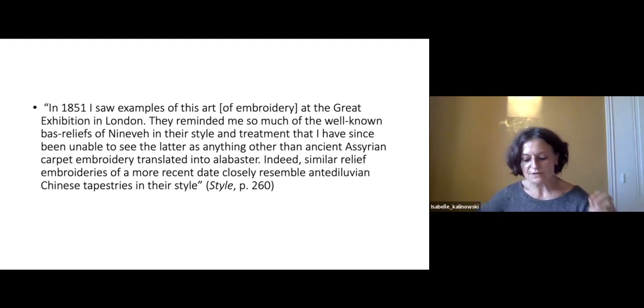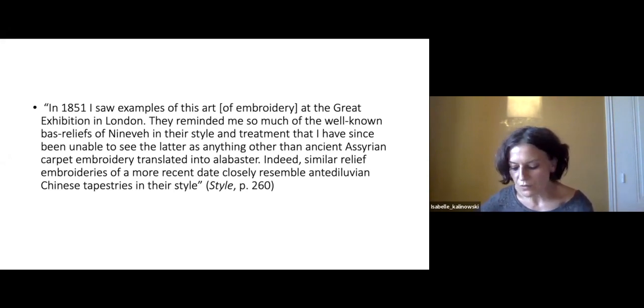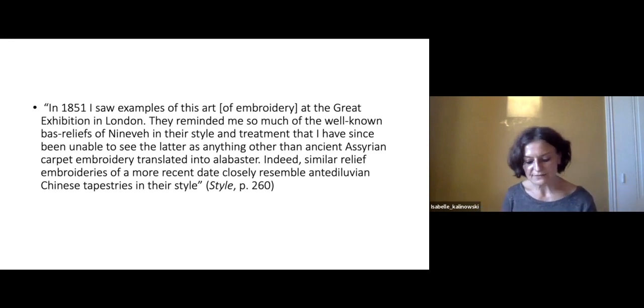Instead, he draws lines that go back and forth between past and present, present and past, and between different cultures. We can also notice that he defines these lines as translation processes, here translated into alabaster. I'll come back to this point a bit later.